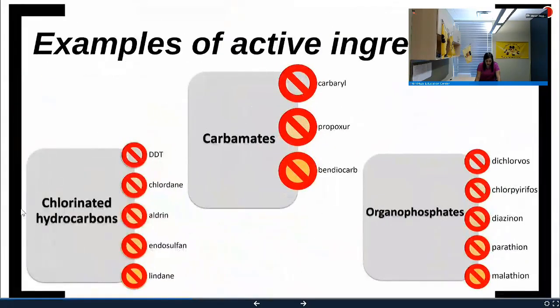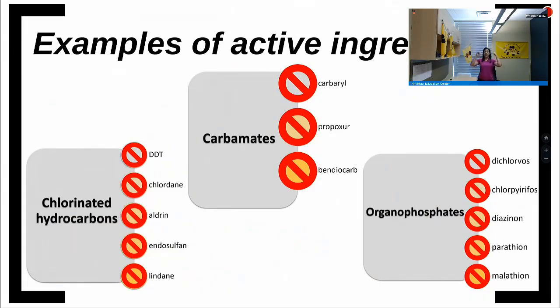Because chlorinated hydrocarbons such as DDT, chlordane, aldrin, endosulfan, lindane, carbamates such as carbaryl, propoxur, bendiocarb, and organophosphates, dichlorvos, chlorpyrifos, diazinon, parathion, malathion. These are moderately to highly toxic pesticides.